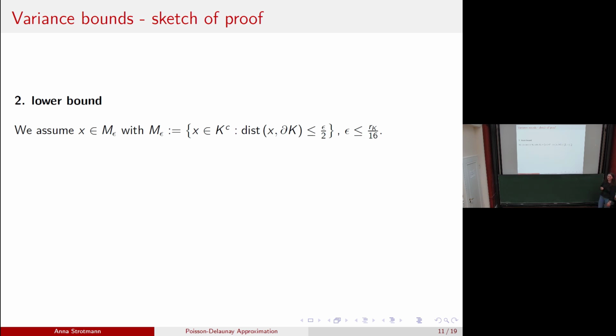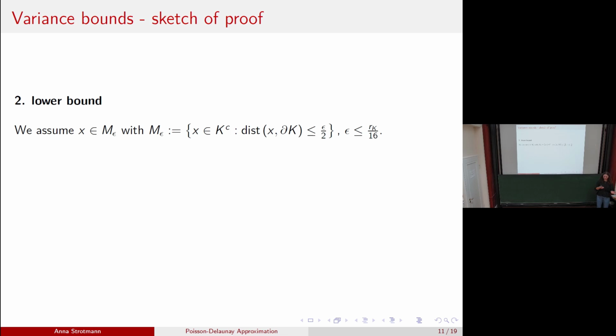And m epsilon is defined in such a way that it contains only those points outside of the convex set k which have a distance towards the boundary of k which is smaller or equal to epsilon half. And thereby epsilon is some small constant depending on the in-radius of the convex set k.